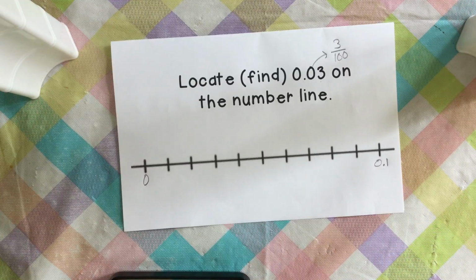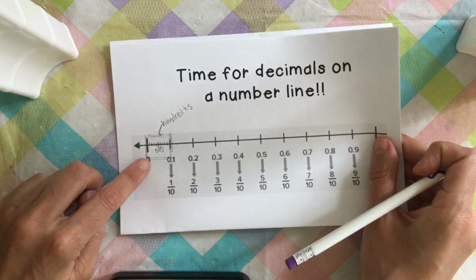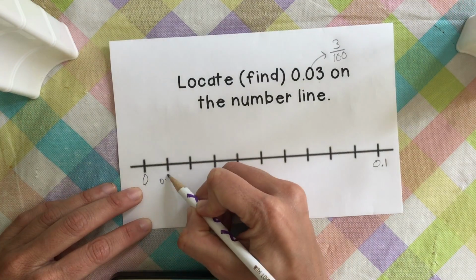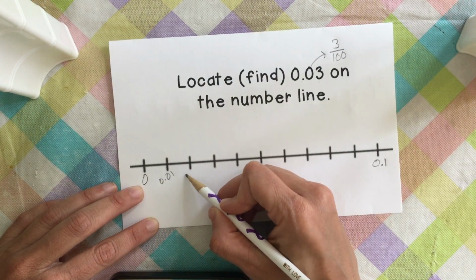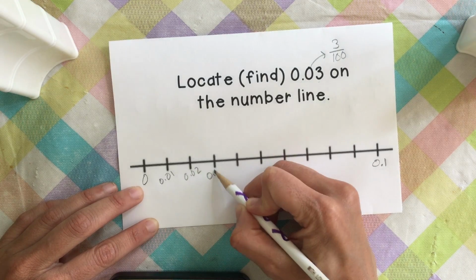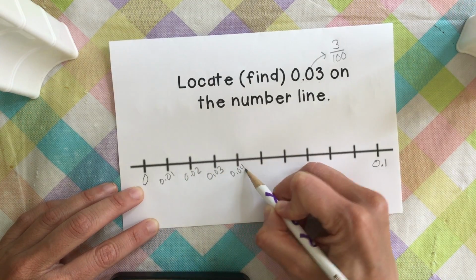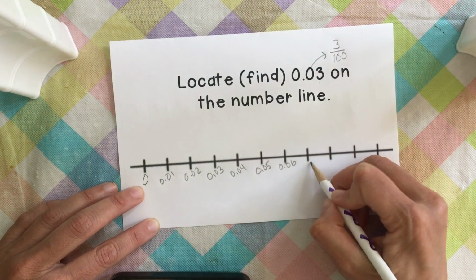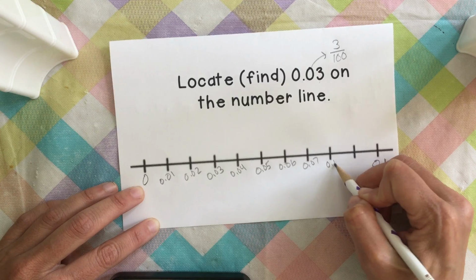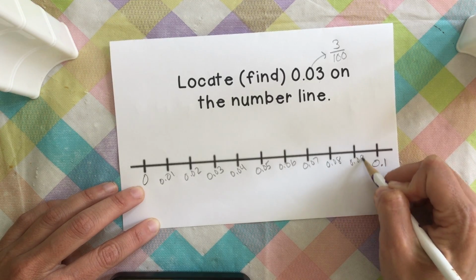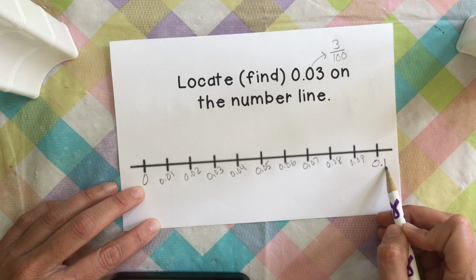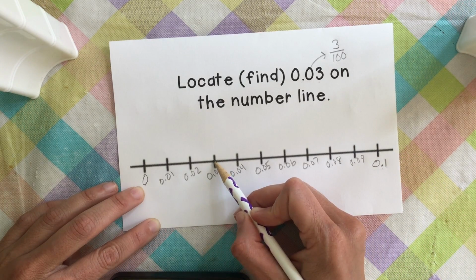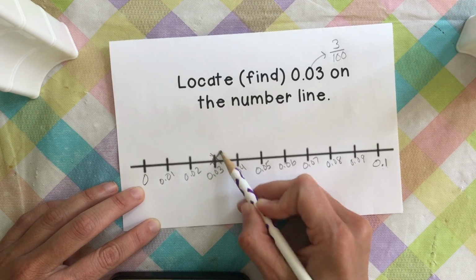This is just like right here from 0 to 0.1, because we're in hundredths, and then you start 0.01, 0.02, 0.03, 0.04, 0.05, 0.06, 0.07, 0.08, 0.09, and 0.1. So 0.03 is right here. Mark it, and you're good to go.